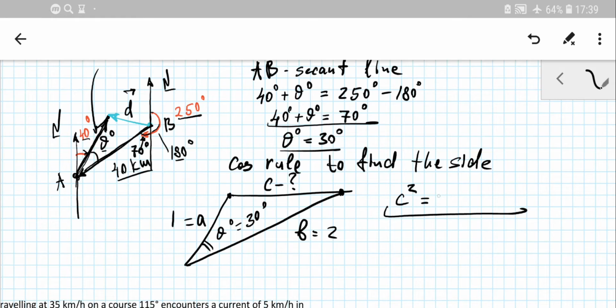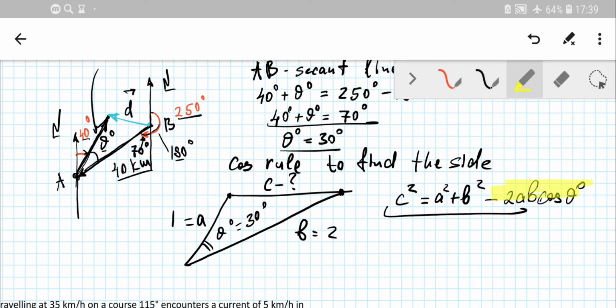C squared is actually A squared plus B squared. However, we need to adjust this formula in order for it to be workable. And we adjust by minus 2AB times the cosine of the angle between them, cosine theta.